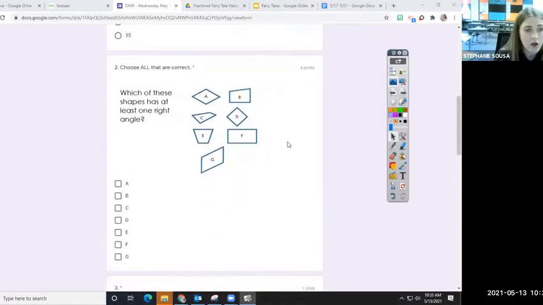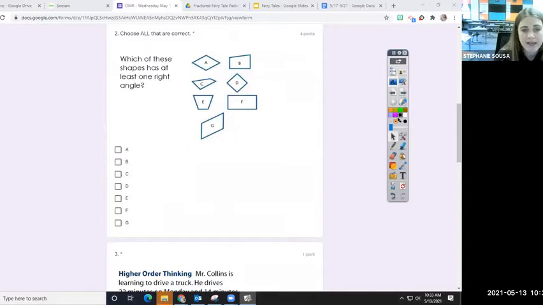All right, choose all that are correct. Which of these shapes has at least one right angle? If I forgot what a right angle was, I have trusty dusty notebook with geometry notes today. Our right angle. Goodness, we've taken a lot of notes.